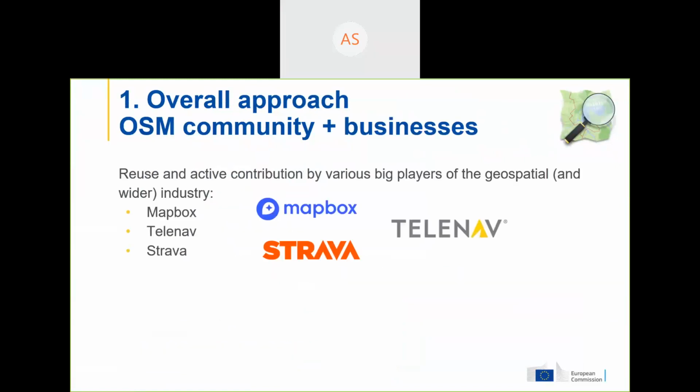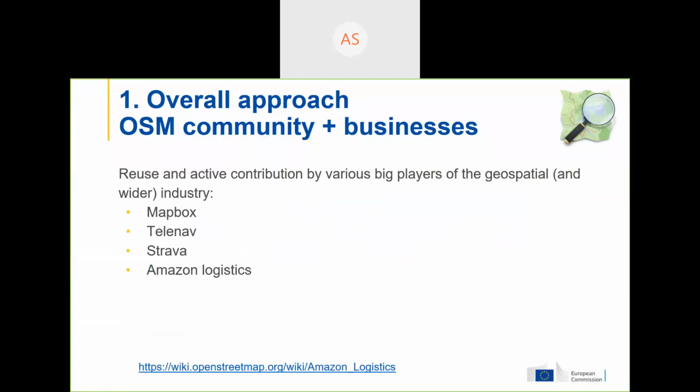And there's not only the volunteer world. There are also businesses that are working with or on OpenStreetMap. Here we see 3 examples: Mapbox, Telenav, Strava. They have different perspectives, more on the infrastructure side or sport-oriented like Strava.